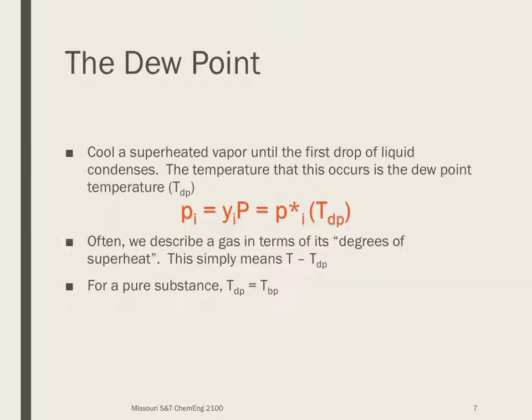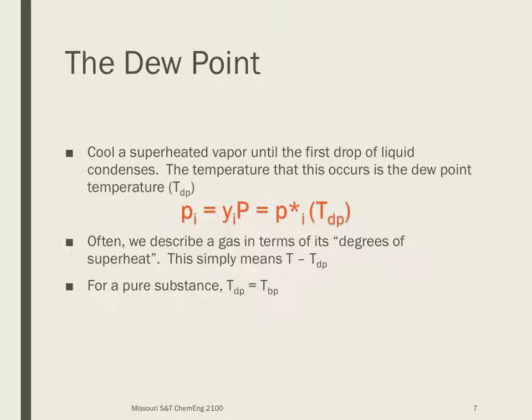One last little topic that I want to address is the dew point. Frequently we're going to have problems where the air is nearly saturated, and on the weather forecast they will talk about the dew point.